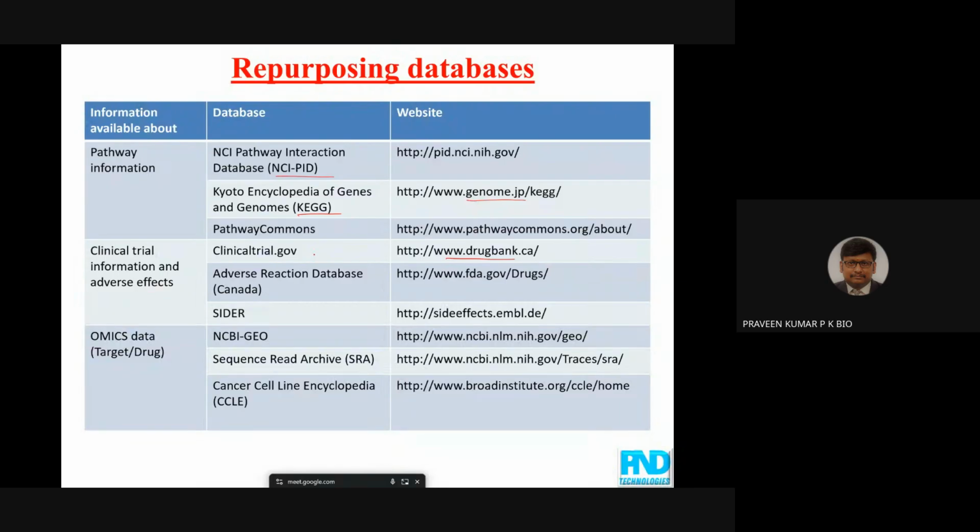We also have an adverse reaction database, linked with NCBI. FDA.gov drugs, SIDER, for which we have side effects. For omics data, we can go with GEO, Sequence Read Archive, cancer cell line.